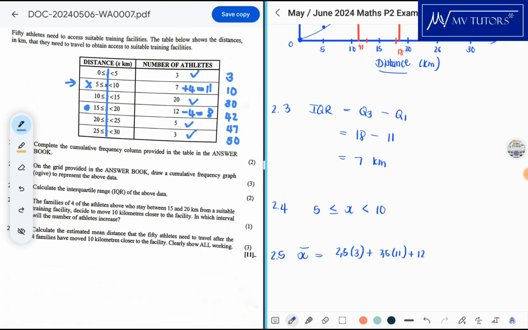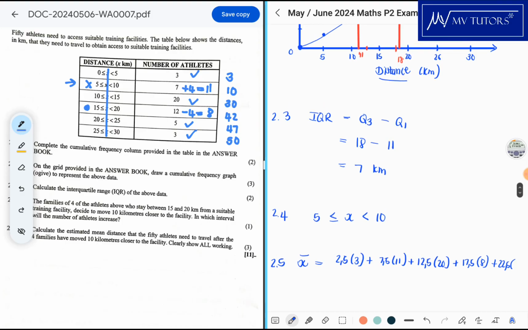Then we're going to have 12.5, between 10 and 15, multiplied by 20. And then 17.5 multiplied by 8. And then we're going to have 22.5 and multiply that by 5. And then let me see if I can make space.